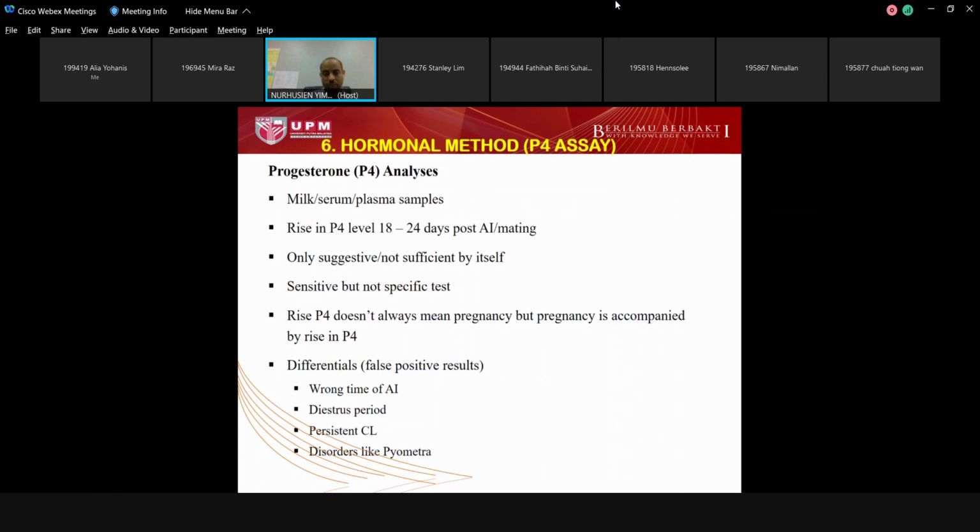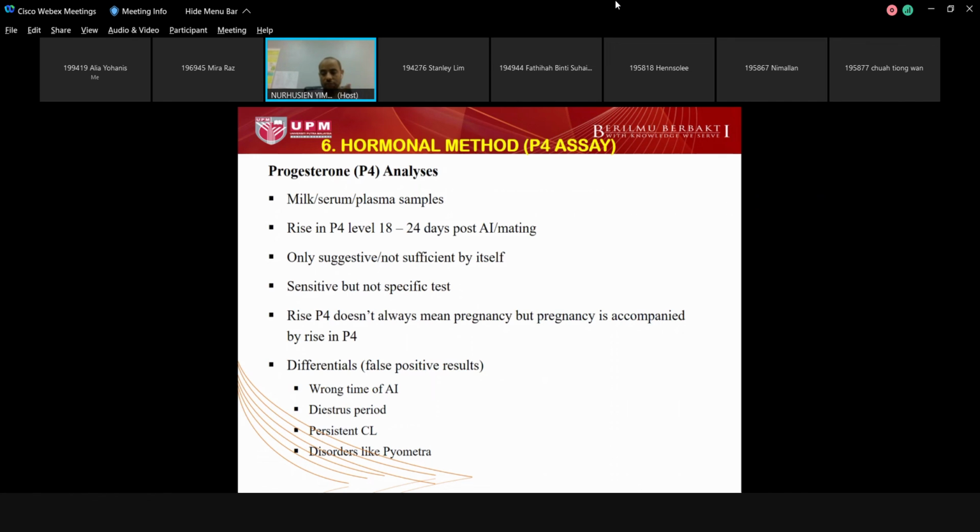The best time to sample is 18 to 24 days post-AI, after breeding, all right? Because that is the time when you are expecting a corpus luteum to be maintained to support pregnancy. So during this period, if you get a progesterone level which is higher and sustained, then we are going to consider that the animal has already established pregnancy.